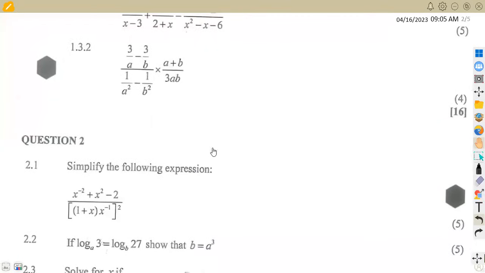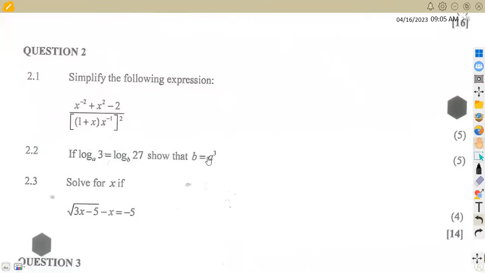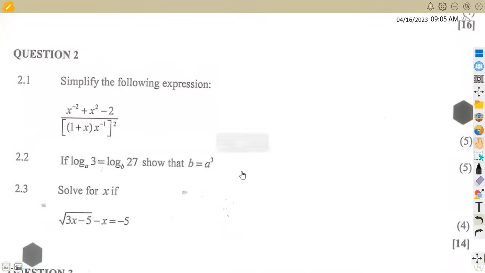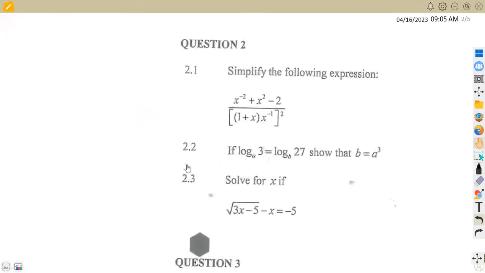All right, question number 2. Simplify the following expressions. All right, we are given to simplify the following expressions in this case. All right, so the first part, let's just have this one also aside so that we can see it properly. All right, so this was question 2.1.